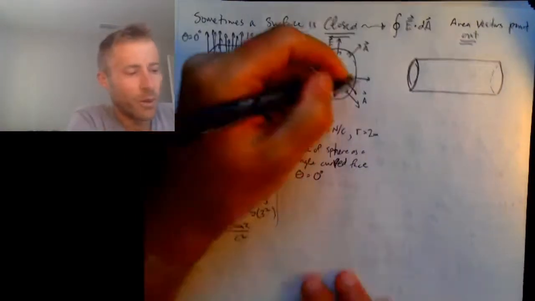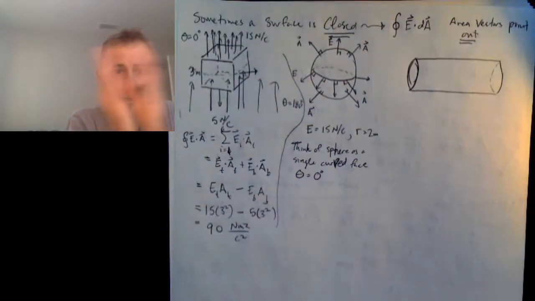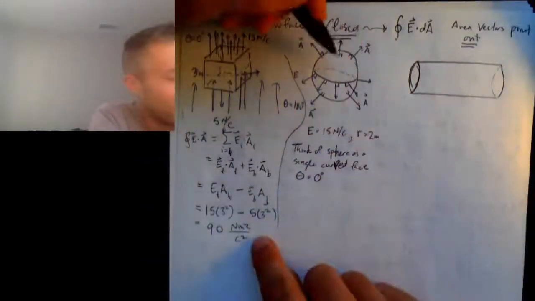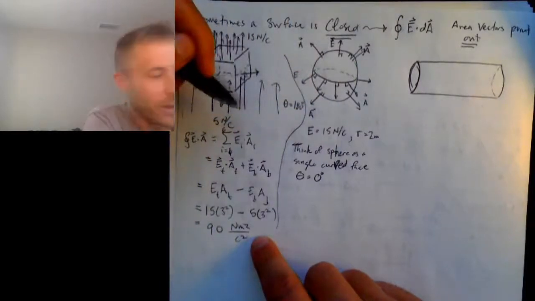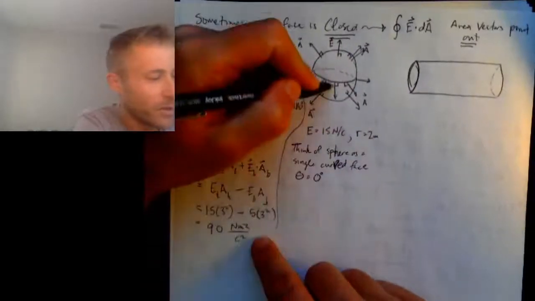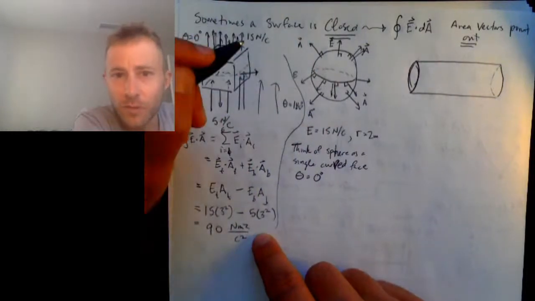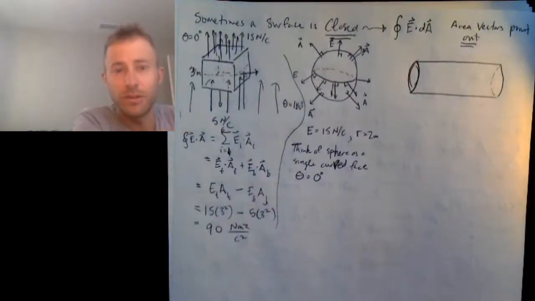Now, depending on where you are on the sphere, those two directions are going to change, but they always change together. So if you're over here, the area vector points out, the electric field points out as well. So the angle is 0. If you're over here, the area vector points out, but the electric field also points out. So wherever you are, the angle between the two is 0.